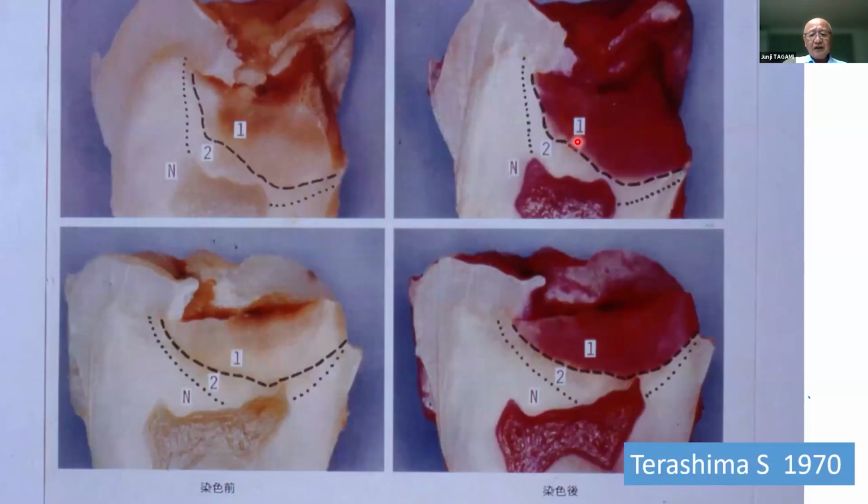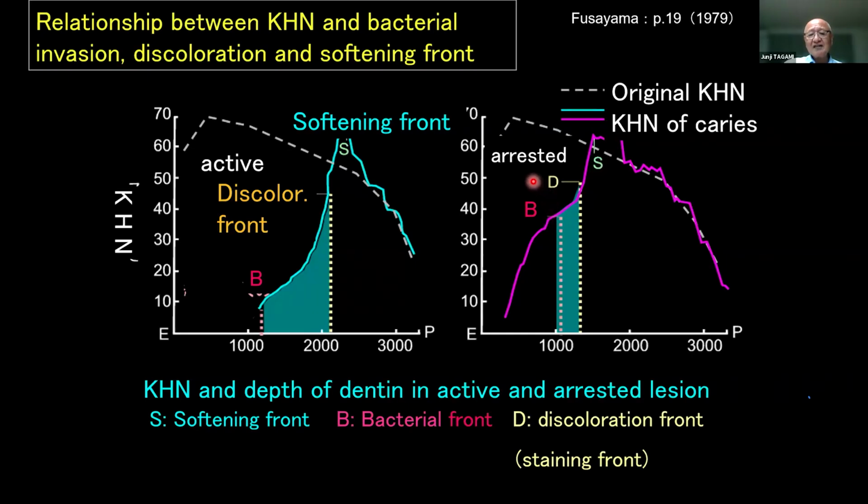By the development of this caries detecting dye solution, the caries region was very clearly stained and differentiated between the outer region and the inner region of caries. That's why even in the case of arrested region, we can remove the bacterial invaded region if we remove the discolored dentin or stained dentin.